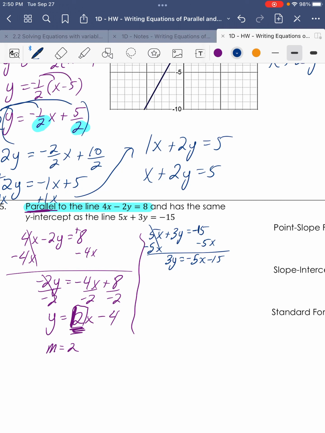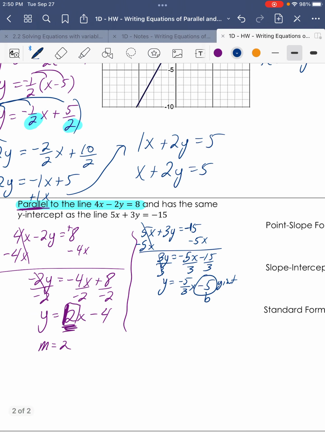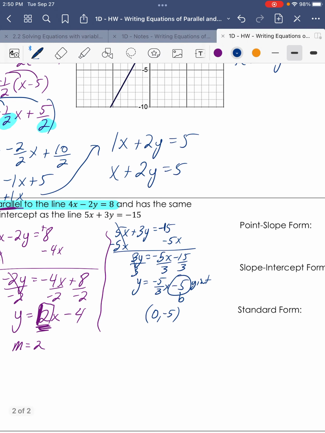There are other ways, like you can set the x equal to 0 and solve, but I think this way is just as quick. So y equals mx plus b. This is your b, your y-intercept, which is negative 5. So your y-intercept is (0, negative 5).